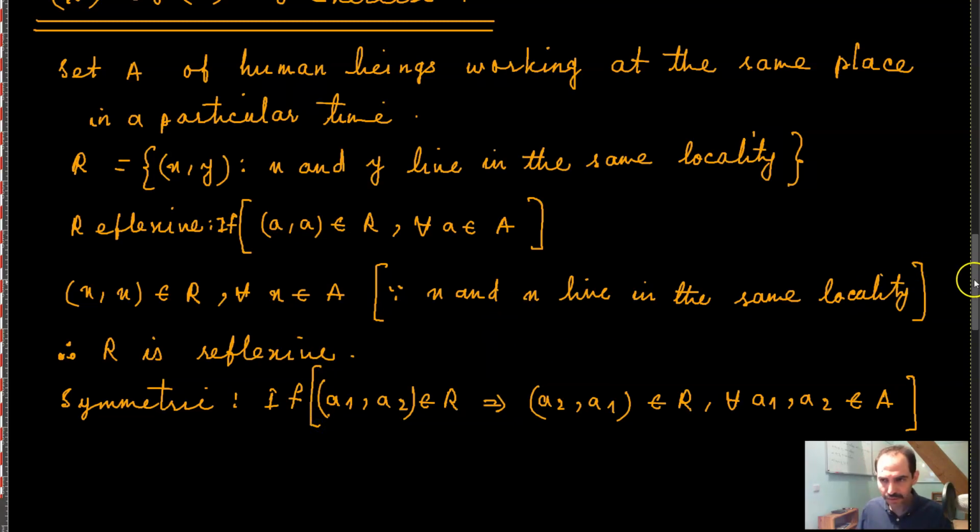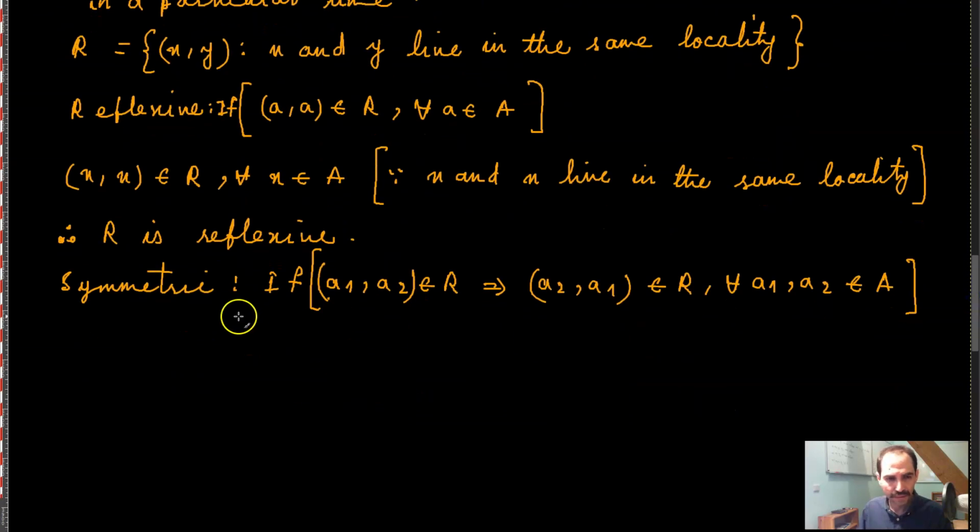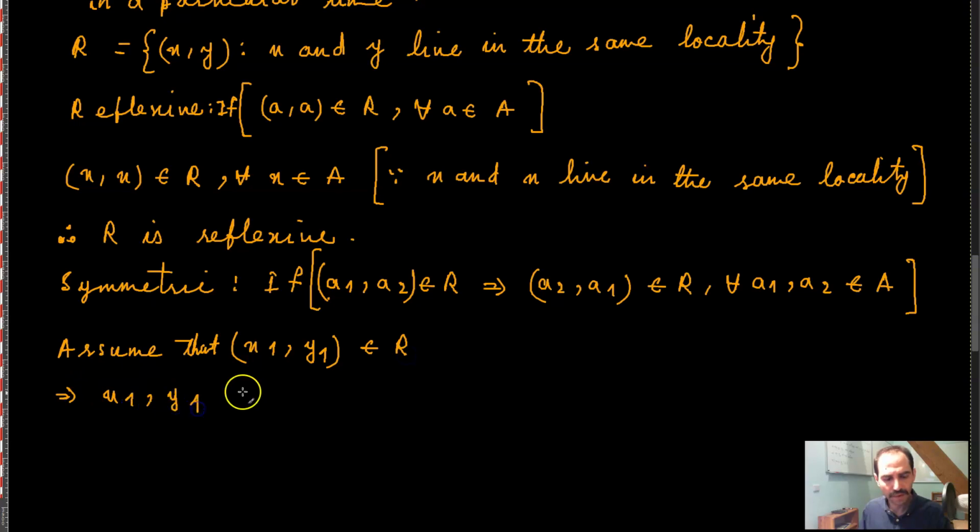So now let's assume that (x1, y1) belongs to R, which means that x1 and y1 live in the same locality, right?